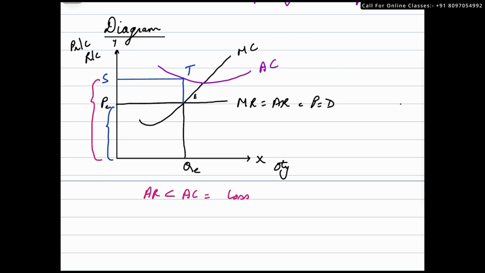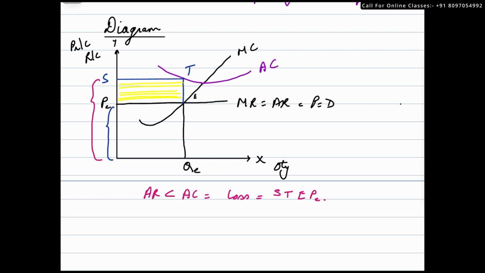So we can clearly see that AR is less than AC, and it is clearly leading to a loss. How much is the loss? If we are supposed to shade the region, this entire rectangle here represents the loss. So loss is equal to S, T, E and PE, right?